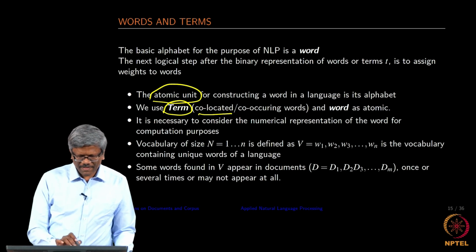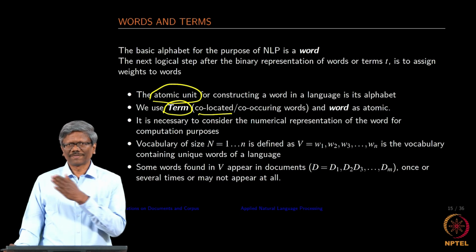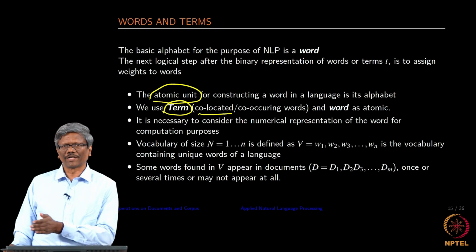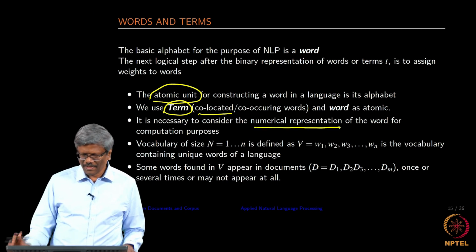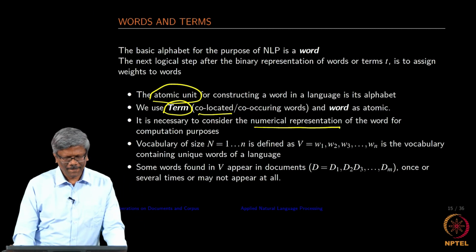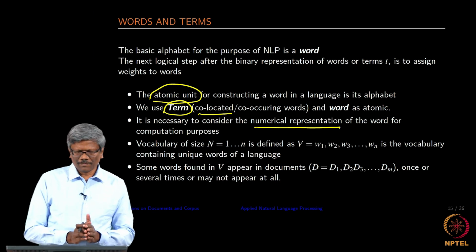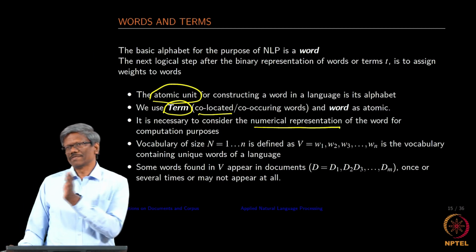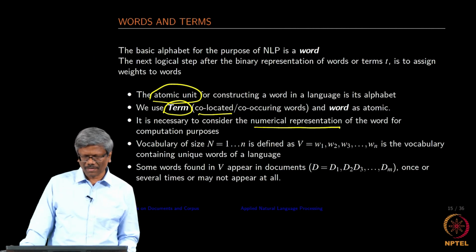So, it is not enough to represent just the presence or absence of the word; we also want to represent it in terms of some numerical quantity. We want to find out what types of numerical representation a word can have. We will move from here to finding the word count with respect to the document, word count with respect to the corpus, and so on.